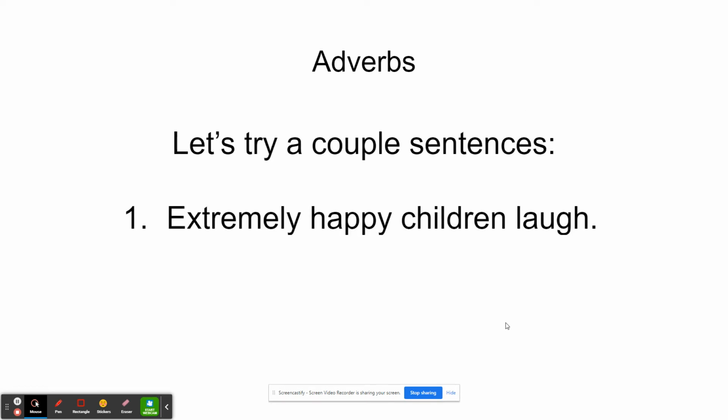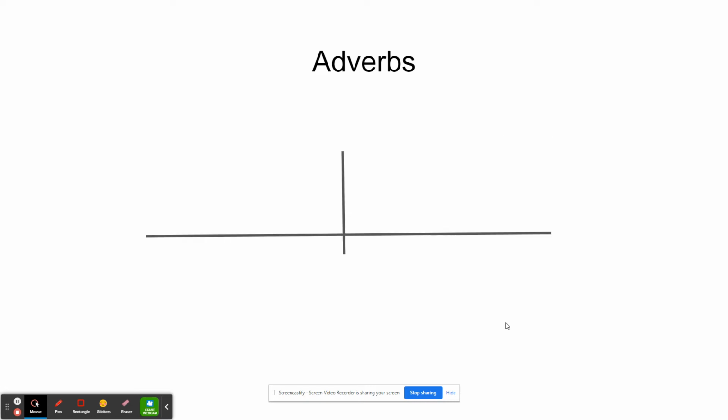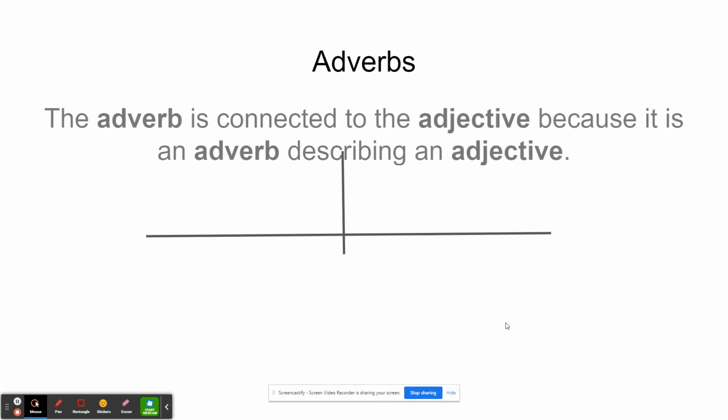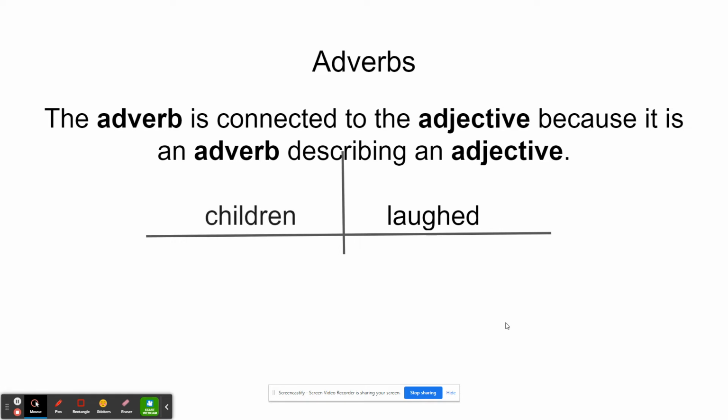Sentence number 1. Extremely happy children laugh. Now, scholars, let's start by thinking about the core. Are you ready? What action is happening? Right, laugh. Who or what laughed? Did you say children? So there's our core, scholars. Children laughed.